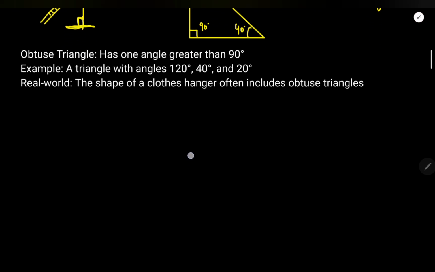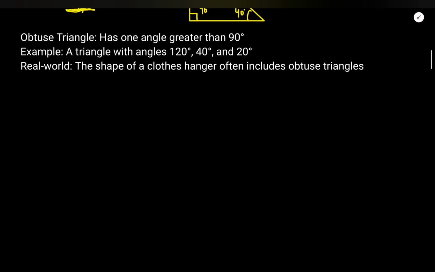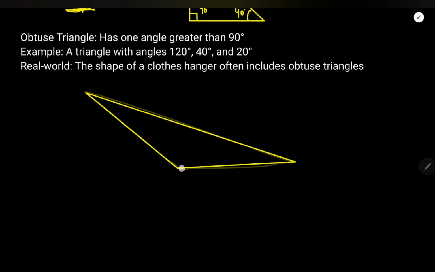Okay, and then we have the obtuse angle triangle. What kind of triangle is this? Suppose you have this kind of triangle where one angle is more than 90 degrees, only one. The other two will obviously be less than 90, because if one is more than 90, the sum should be equal to 180, right?